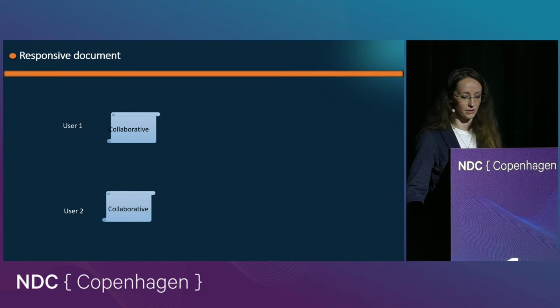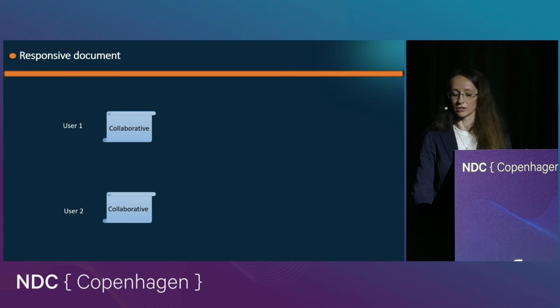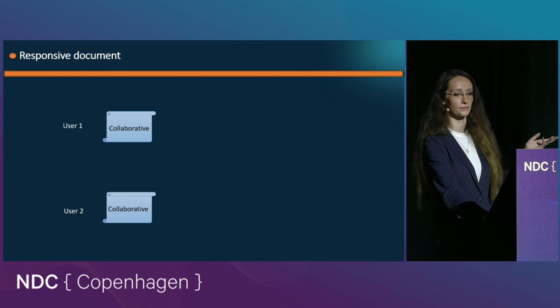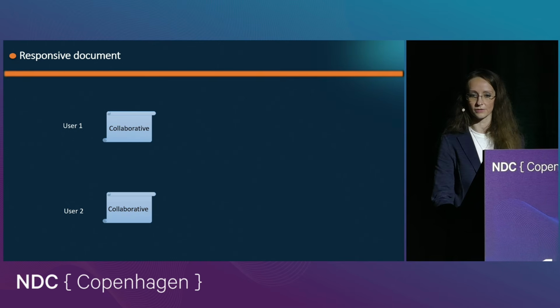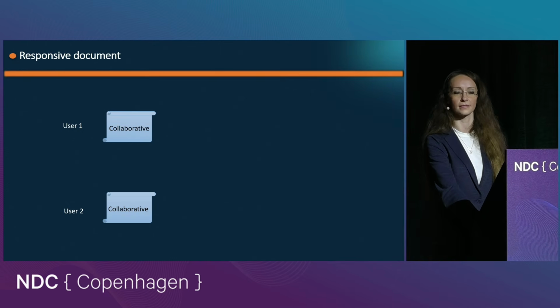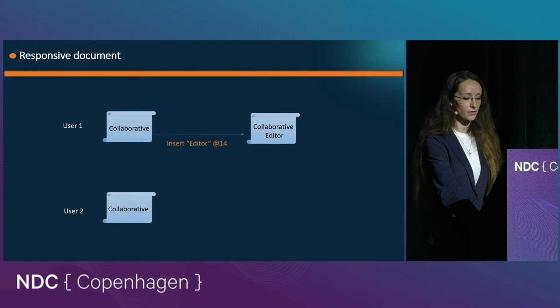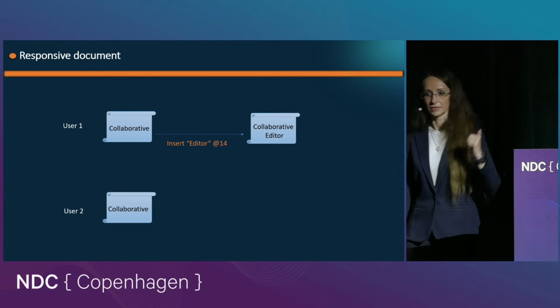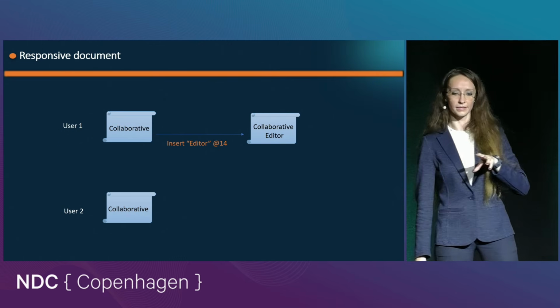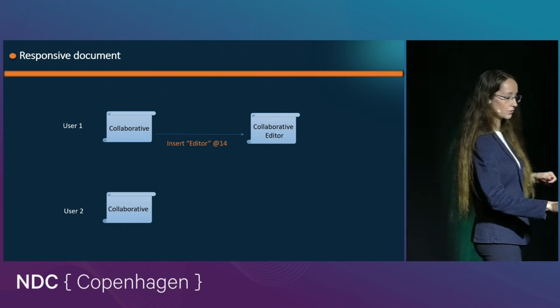And I'll give you an example of how it looks with this object. So, as mentioned, let's assume that user 1 was the fastest, and we have ended up with the word collaborative inside the document. One of them inserts, taking that object into consideration, editor on position 14 to have collaborative editor.